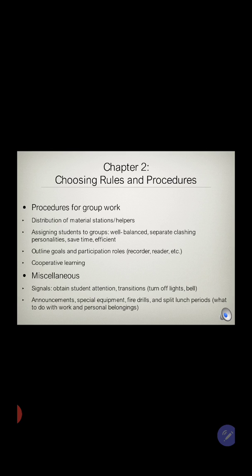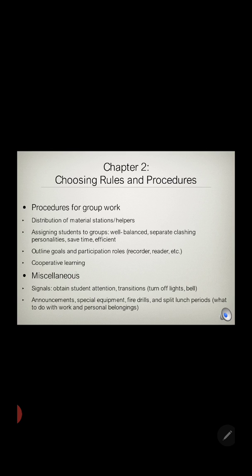But so far, I can tell you that we can assign students to work in groups. We need to take into account that the group is well balanced, like excellent students with those students who do not behave well, or those students who are more skilled at the subject.